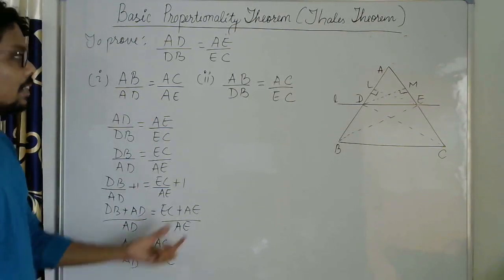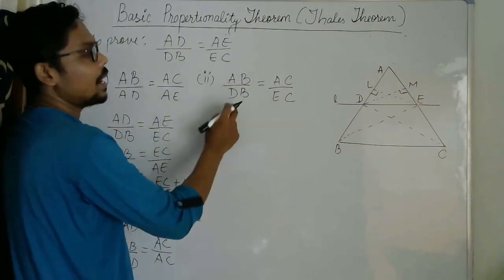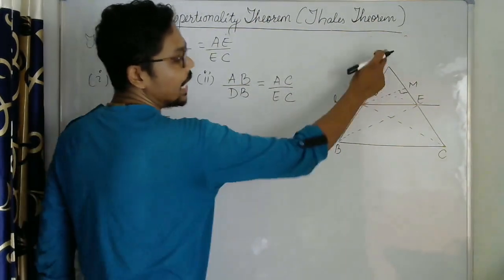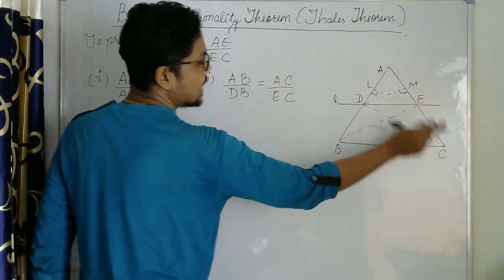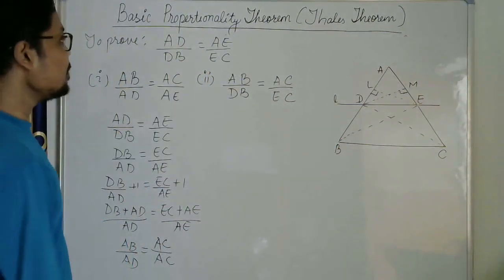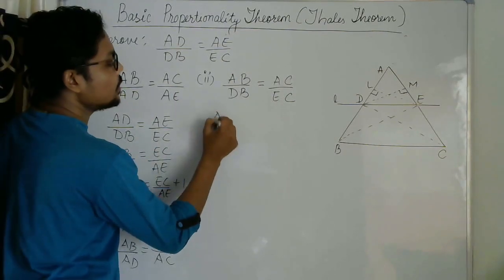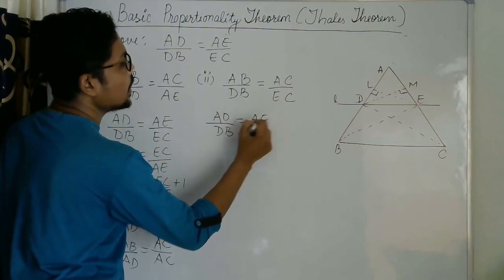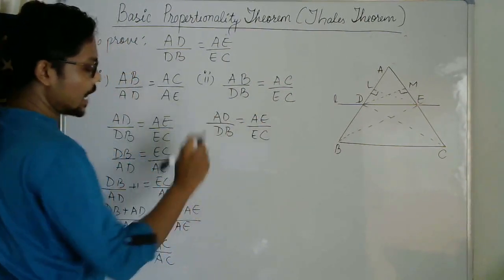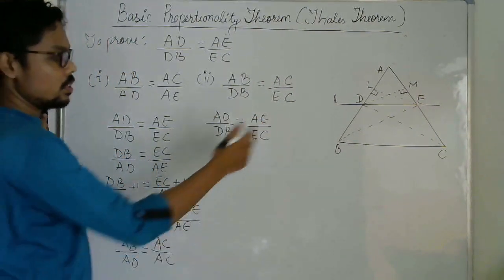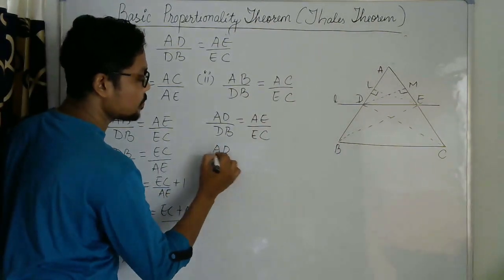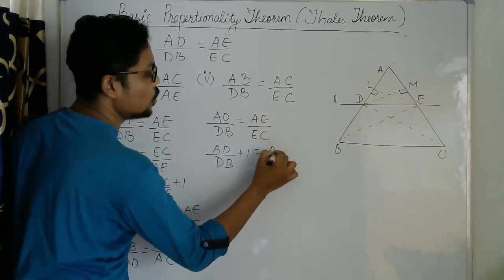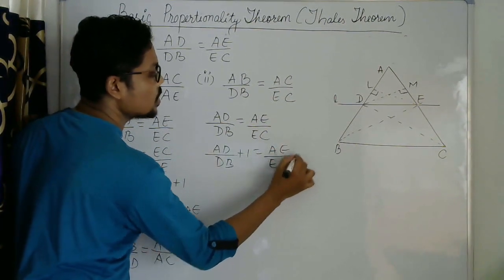The same way we can get this, that is AB by DB is equal to AC by EC. So we'll take the basic proportionality theorem, that is AD by DB is equal to AE by EC. So here directly we'll be adding 1 on both sides. So AD by DB plus 1 is equal to AE by EC plus 1.